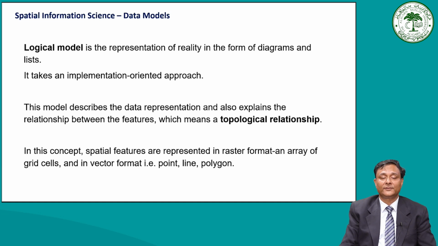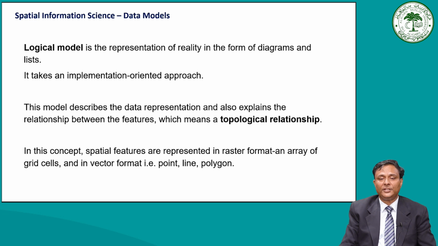Now here it is very important to understand what we mean by topology. Topology is the arrangement of features which share common geometry. For example, the state of Delhi shares boundary with Haryana, Rajasthan and Uttar Pradesh. So how all of them are arranged in space, that is known as topology.